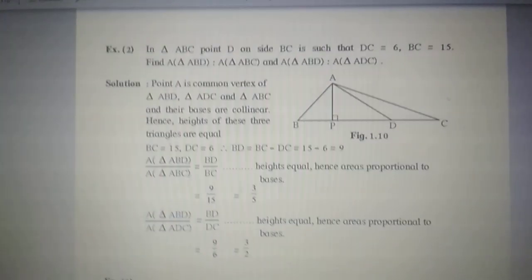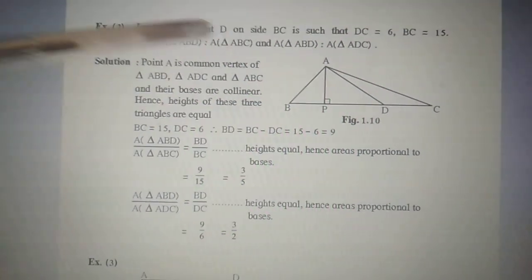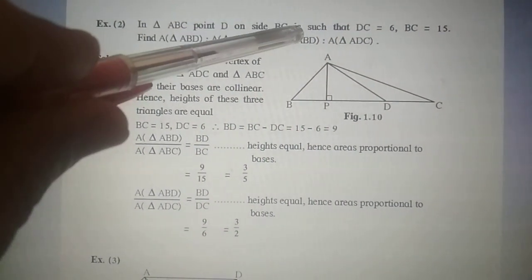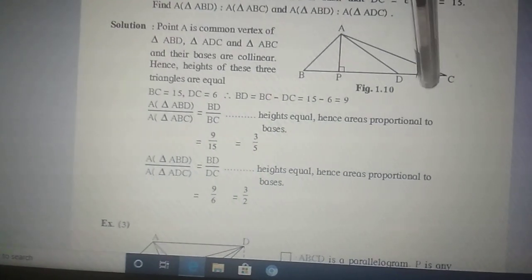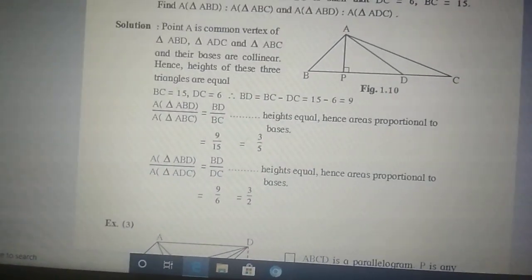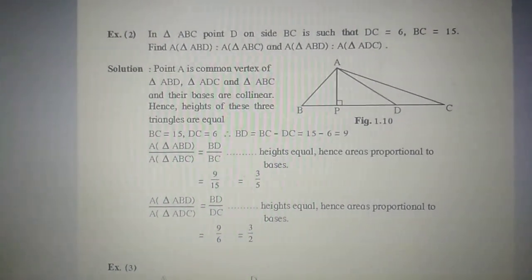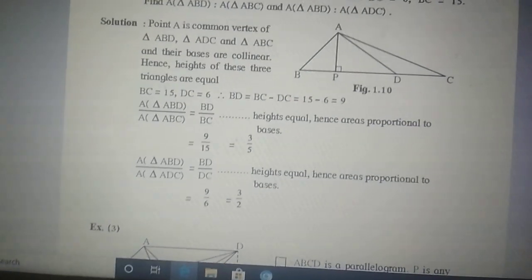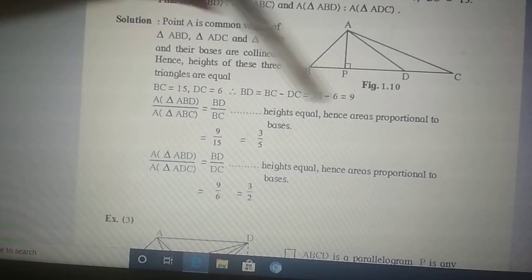Now here is the second solved example. In triangle ABC, point D is on side BC. DC equals 6, BC equals 15. Then we want to find area triangle ABD to area triangle ABC.